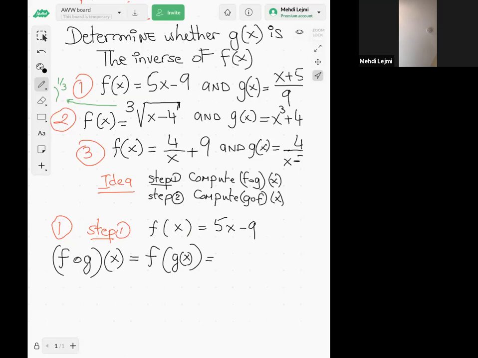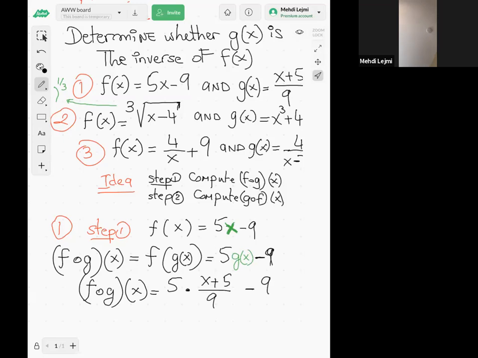And so I'm gonna substitute this x here by g of x. So it's gonna be 5 g of x, and then minus 9. So that will be f composed with g of x. So it's 5 times, and then my g is x plus 5 over 9, minus 9, right?